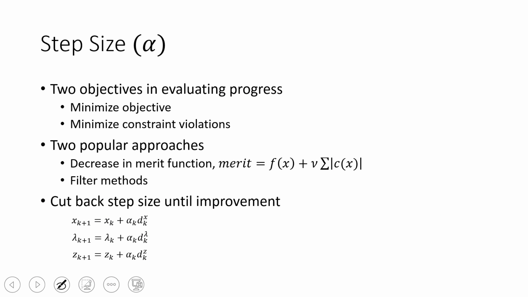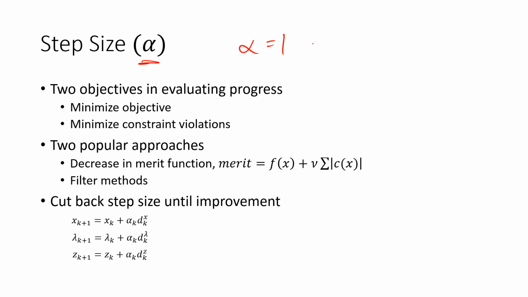Once we've found our search direction, we need to find an appropriate step size. So alpha equals 1 would be a full Newton step. But sometimes, because of nonlinearities, it doesn't fit that quadratic form that we approximated, and we have to cut back.